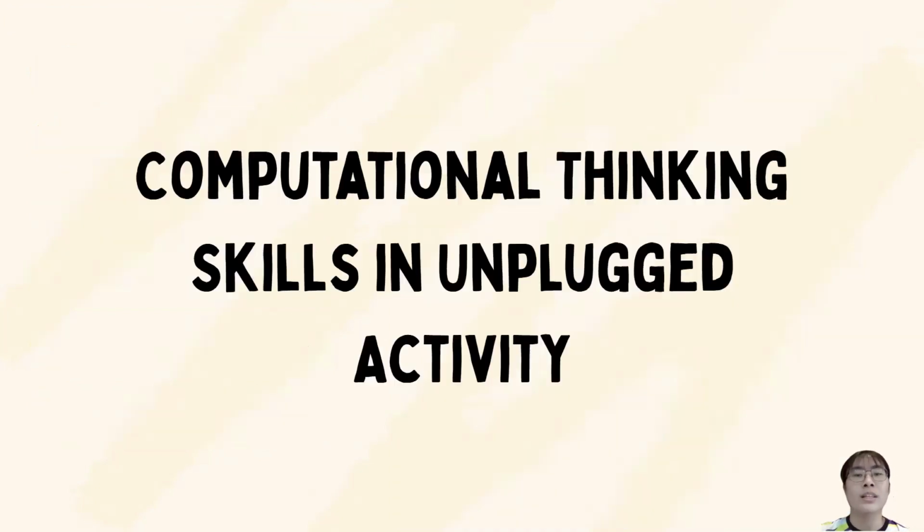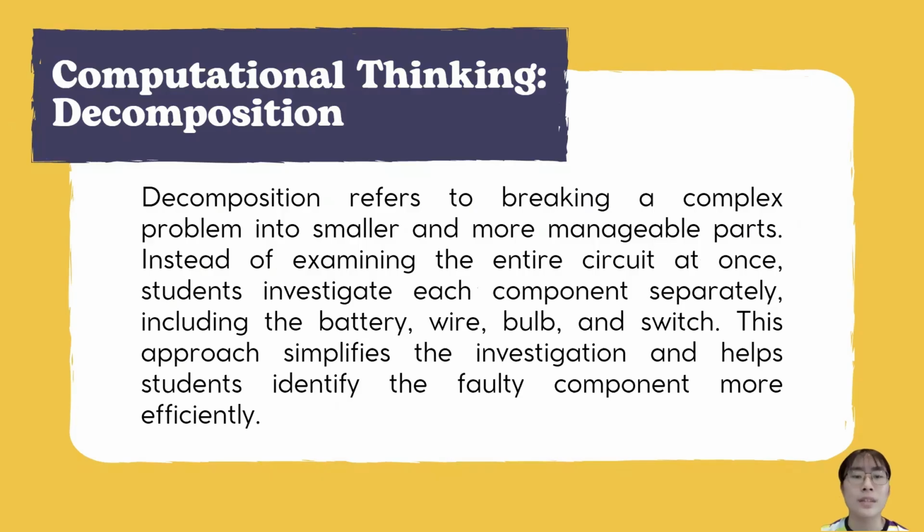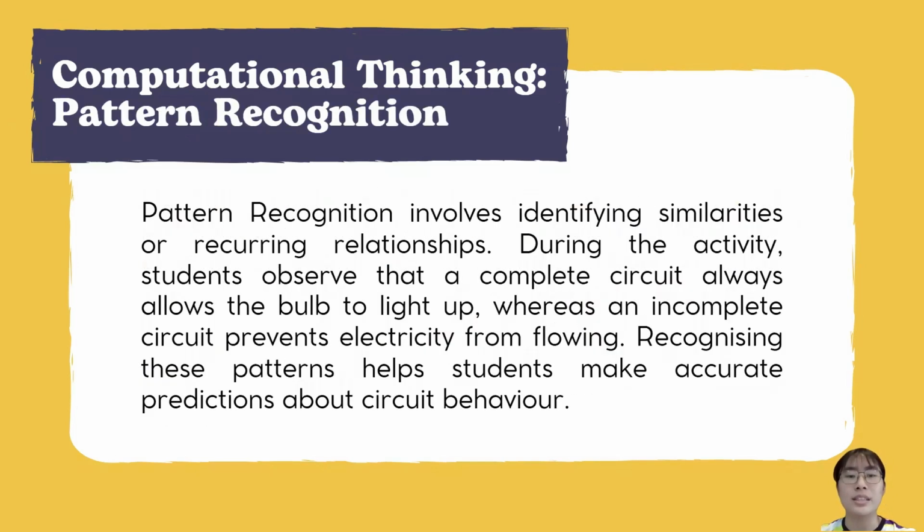Throughout this activity, students apply all 5 computational thinking skills. First of all, they use decomposition by breaking one large problem into smaller investigations. They also use pattern recognition by comparing different circuit situations.